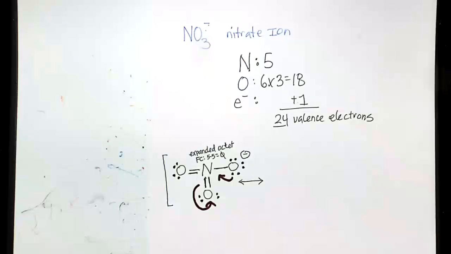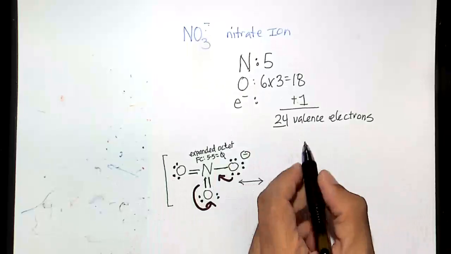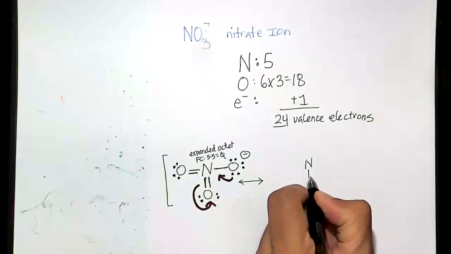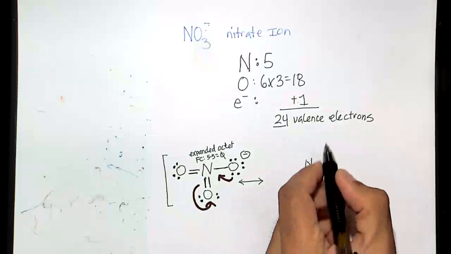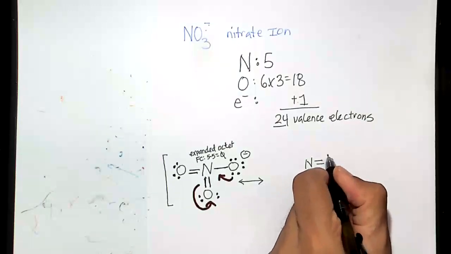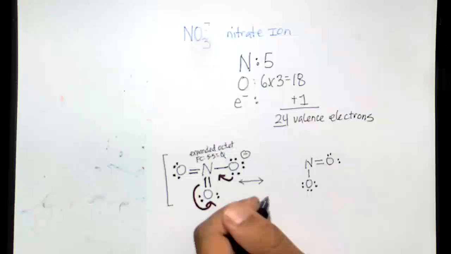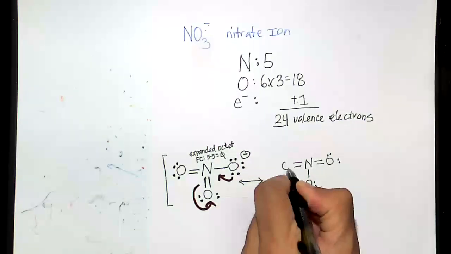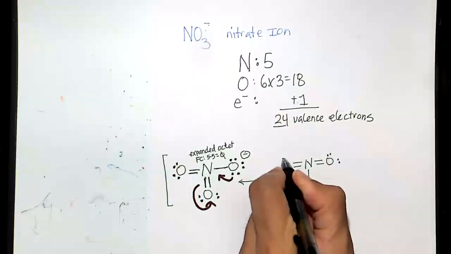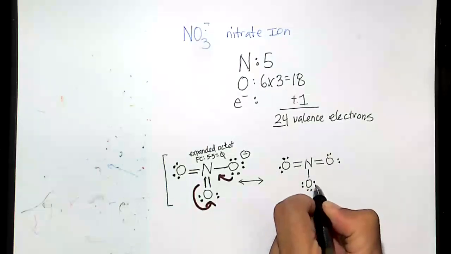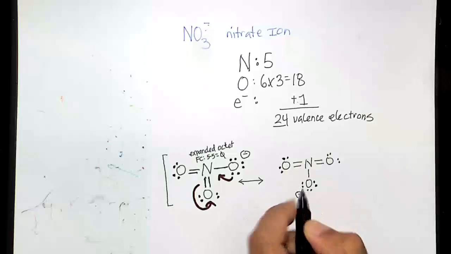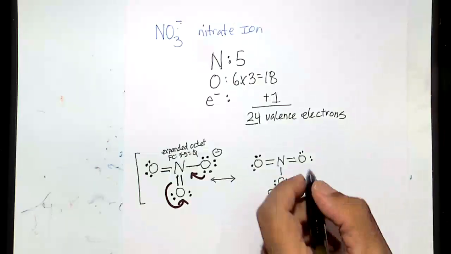Okay, that's one way you can do it. And then the single bond is at the bottom. Okay, negative formal charge at the bottom oxygen.